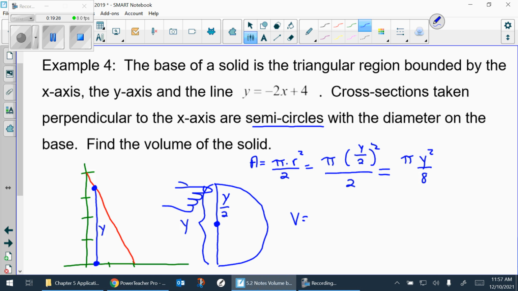So the volume is going to be the integral, again starting at 0 and ending at 2. And everything's got to be in terms of x. I might pull the pi over 8 outside the integral, or leave it in. Either way doesn't matter.